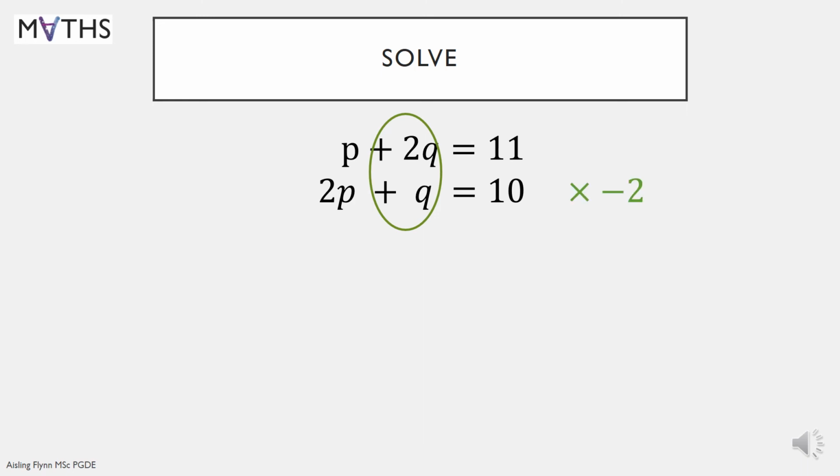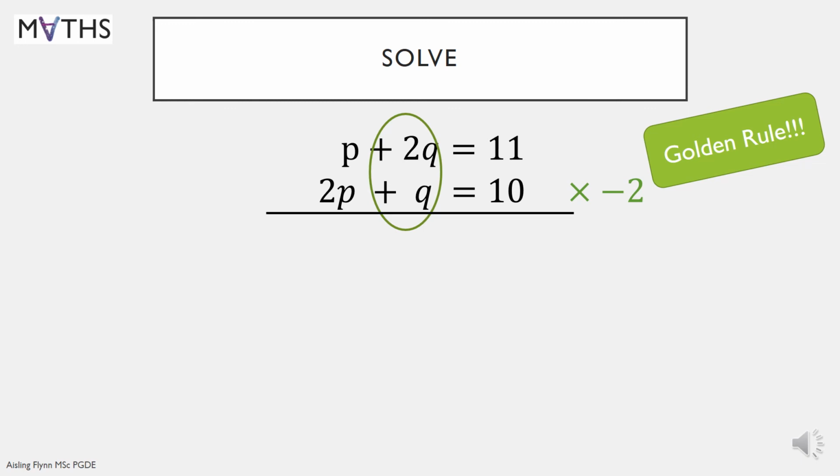So this time I'm choosing to multiply the bottom equation by minus 2. 2 to get 2q, but minus to change the sign on the bottom. Remember your golden rule, multiply everything on the left and everything on the right. So top equation stays the same. The bottom one now becomes minus 4p minus 2q equals minus 20.